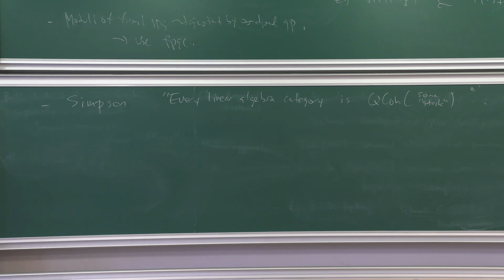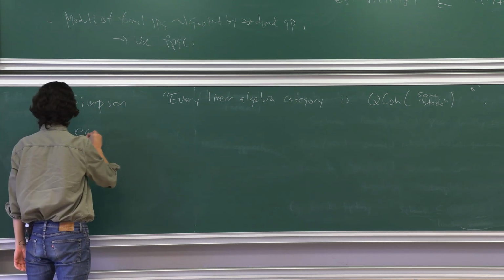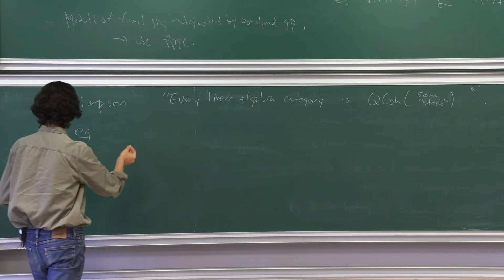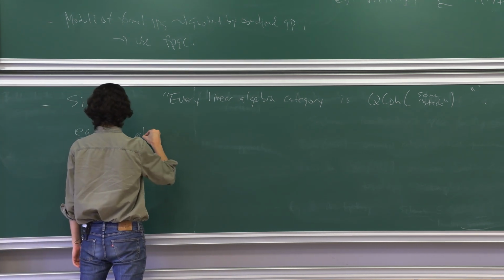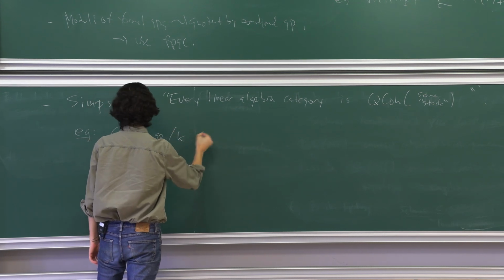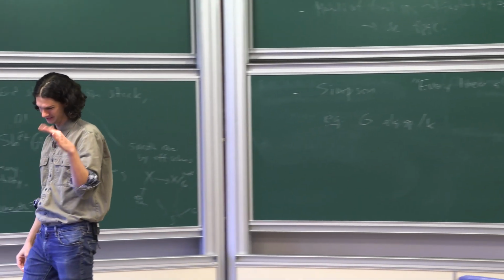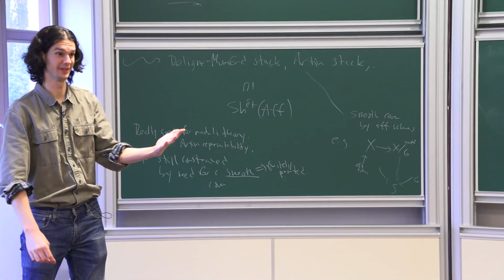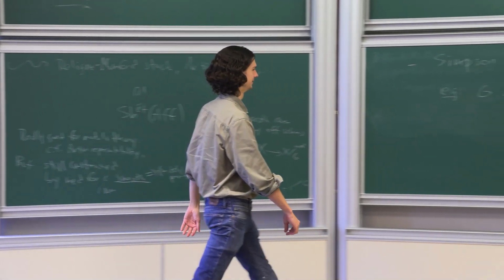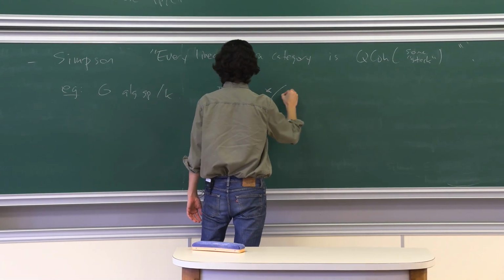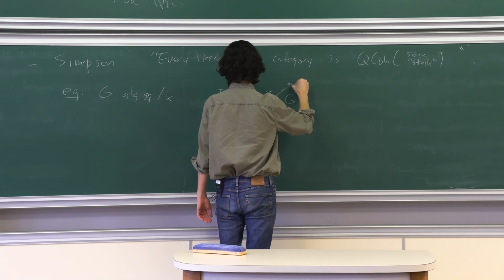So, for example, there are fun examples just in the world of Artin stacks. If G is an algebraic group, let's say over a field K, then a special case of a non-free quotient is you take just a point with an action of G. So then BG is the quotient of the point by G in the groupoid sense.